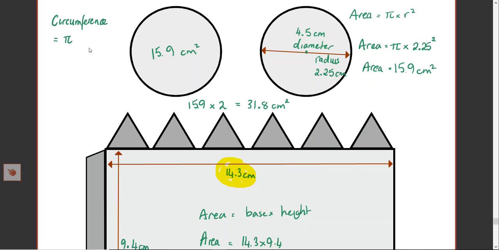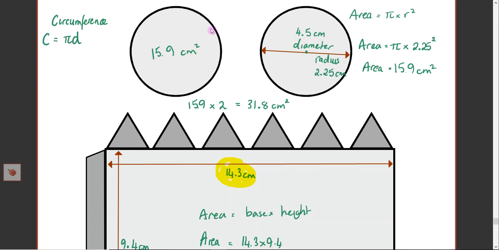Remember we measured around the donut and then we divided that by what else did we measure? The diameter, didn't we? You measured the diameter of your donut. It's pi multiplied by diameter, pi d. So circumference equals pi d.